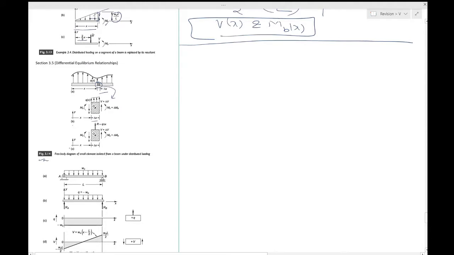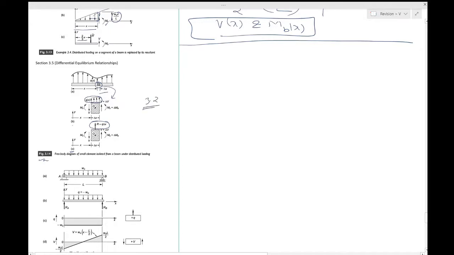Now look at 3.14 C. What you have done over here is you have replaced this distributed load by an equivalent force, the resultant force R, and in theory you should actually compute R and its location according to equation 3.2.